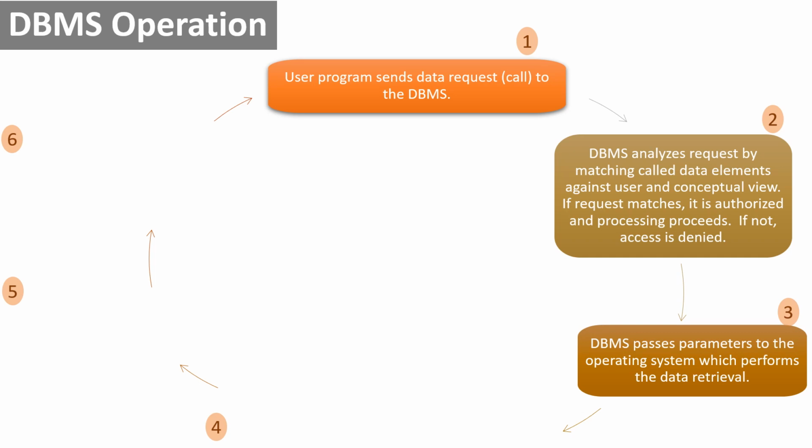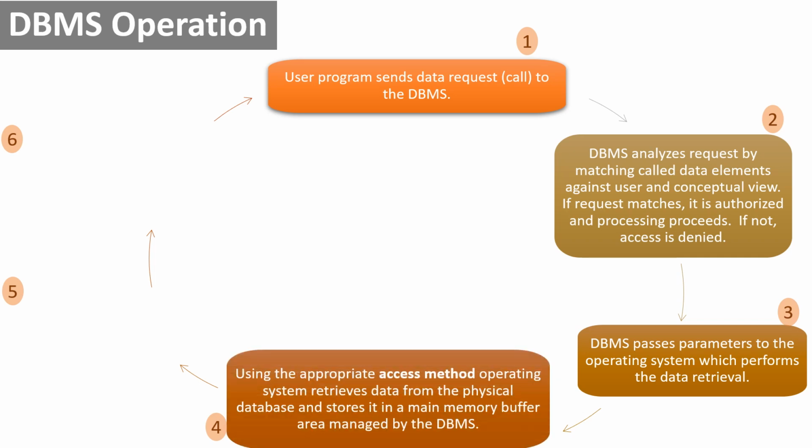If it is processed, the DBMS matches the call data elements against the user's and conceptual view, and it passes this analysis. Then the DBMS passes the parameters to the operating system, which performs the data retrieval.